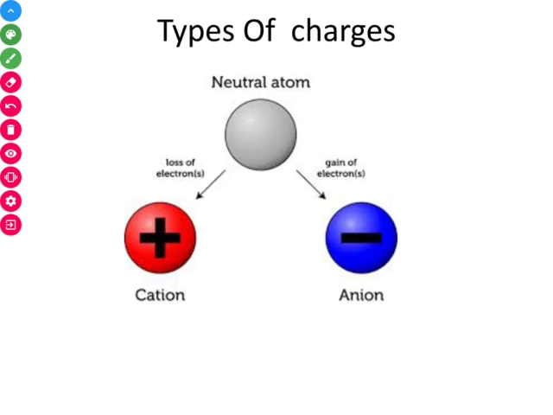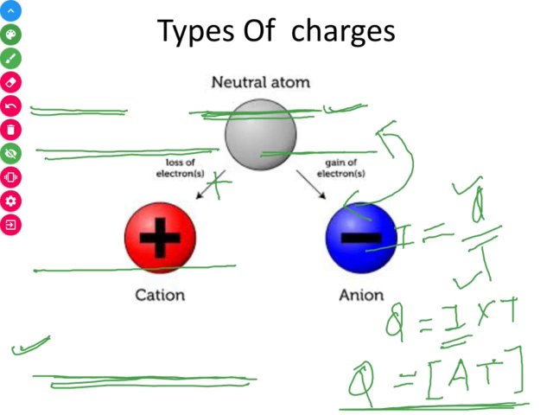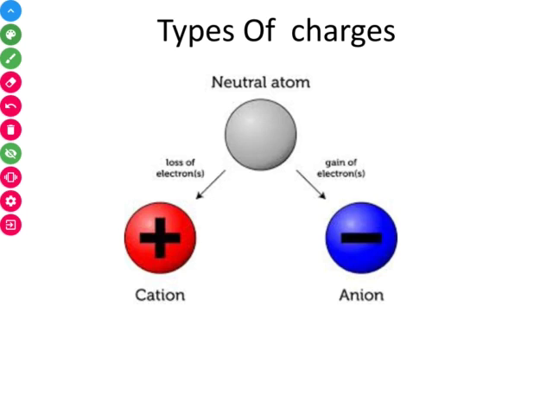Now the next is types of charge. Here you can see that this is a neutral atom. Basically any atom consists of neutron, which is a chargeless particle, proton, which is a positively charged particle, and electron, which is a negatively charged particle.